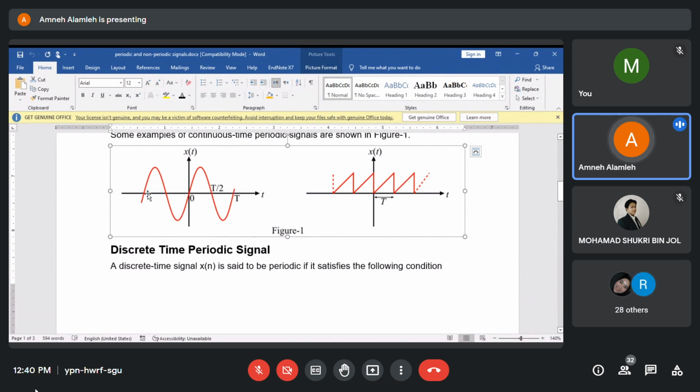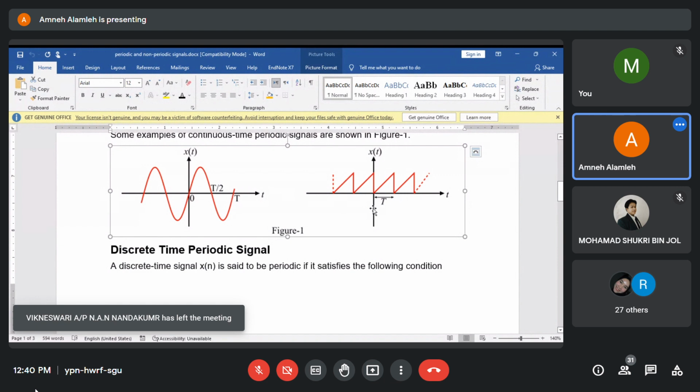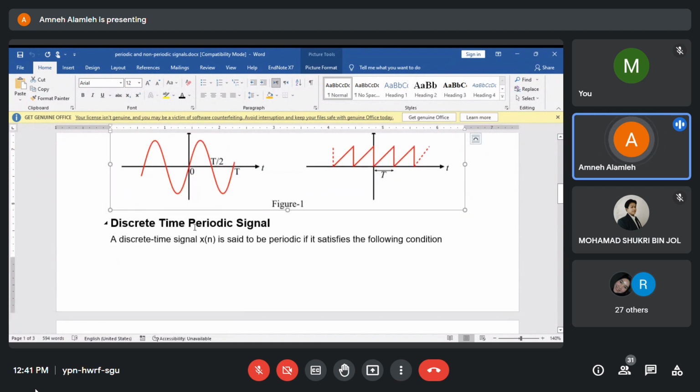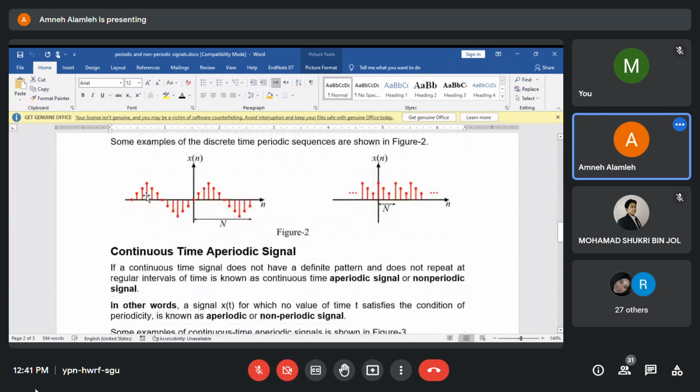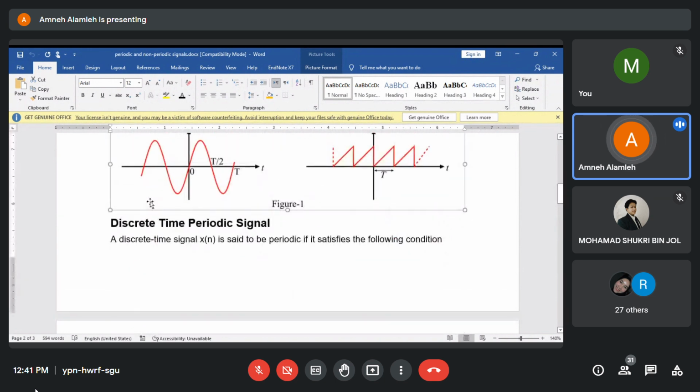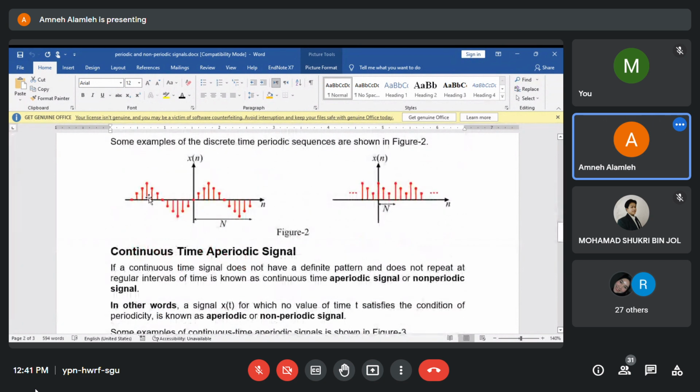This is periodic and continuous. This is also periodic and continuous. So what do we mean by discrete time periodic? This is a discrete time periodic signal. It is not continuous, but it is regular.